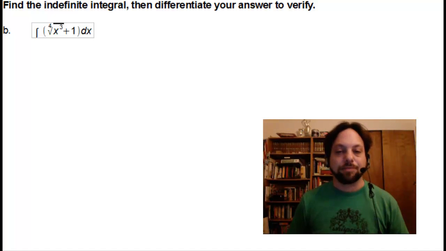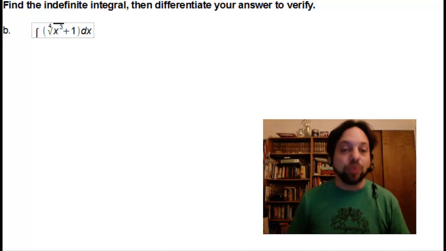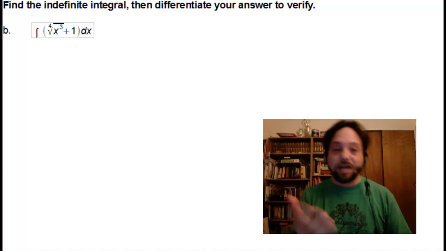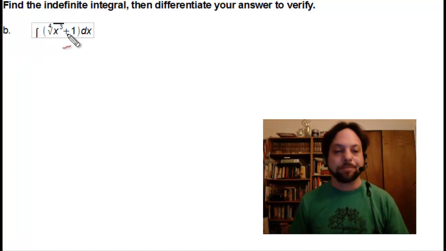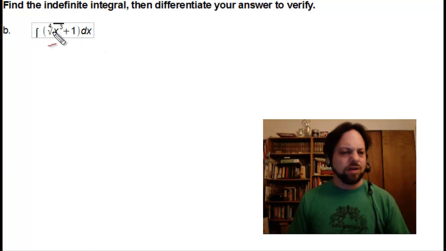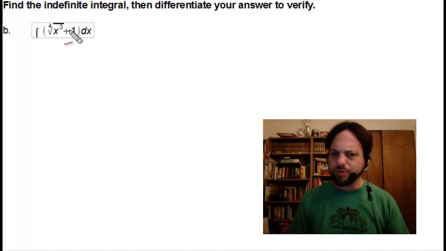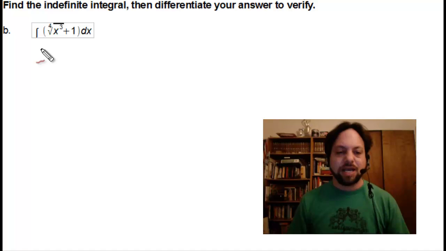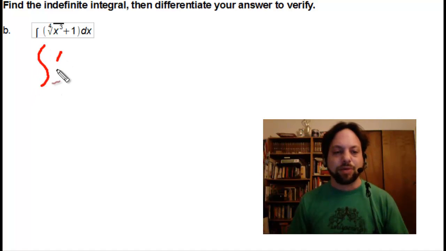In the next 4 examples, we're going to integrate an increasingly diverse series of integrands and hopefully learn something from each one. So we're going to start with this integral right here, the integral of the 4th root of x cubed, plus 1, dx. Well, that looks like a giant mess, and I don't like giant messes, so I am going to rewrite this using a fractional exponent.